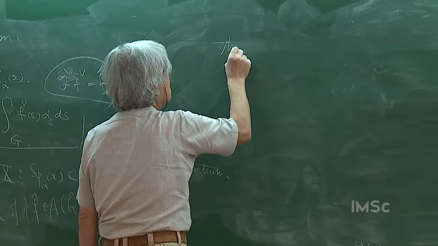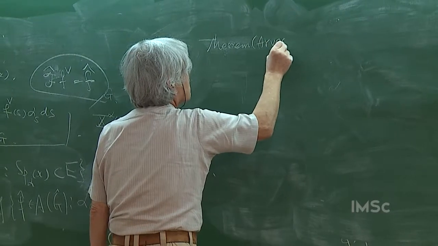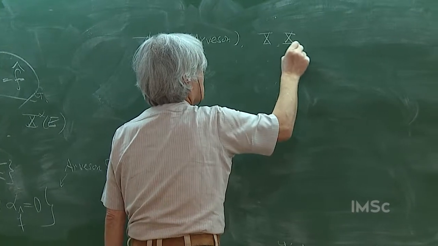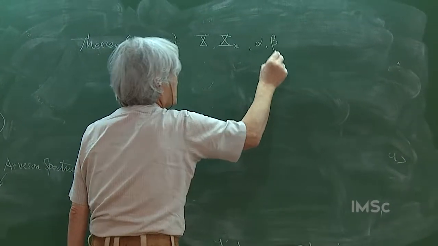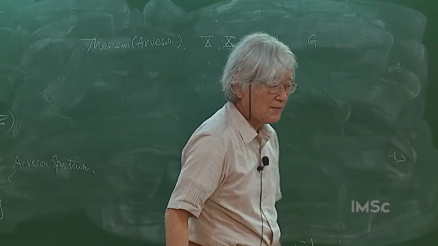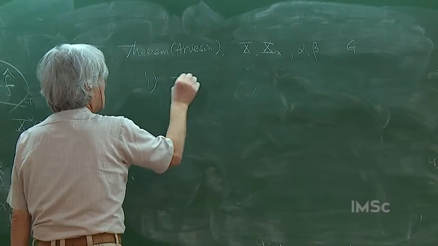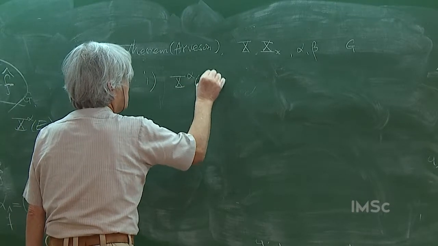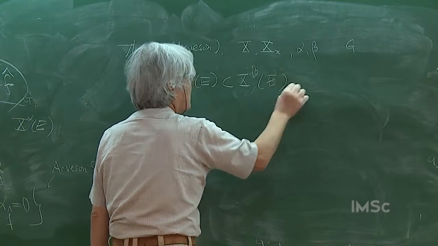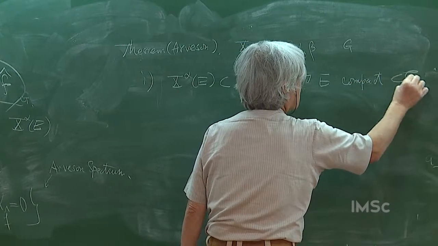Theorem. Suppose X is a Banach space and alpha, beta are actions of G. Then the following are equivalent. One: X alpha of E is contained in X beta of E for all compact subsets E of G hat.